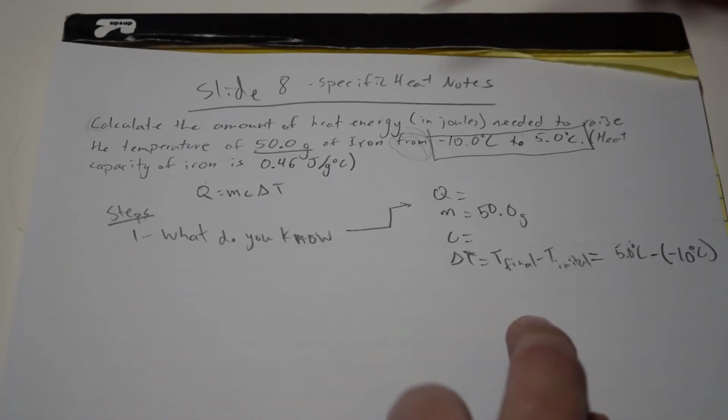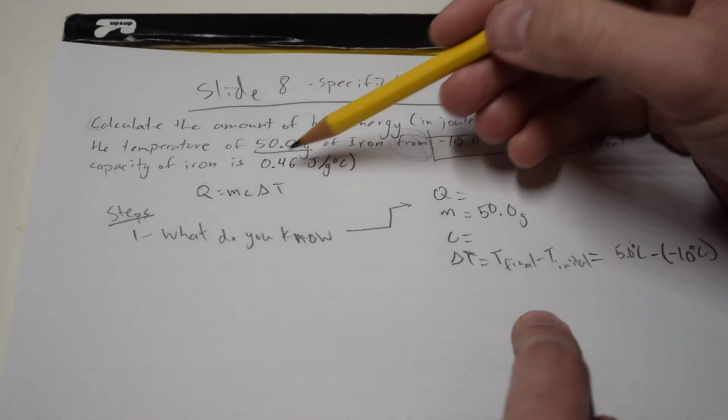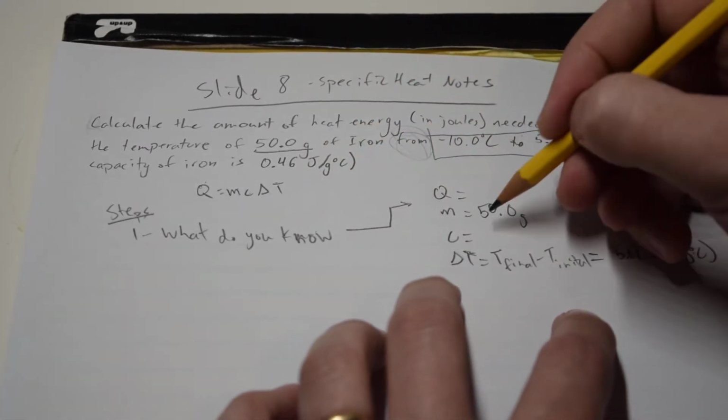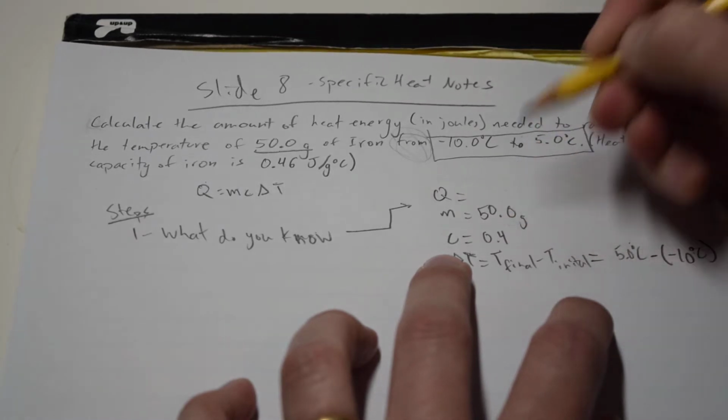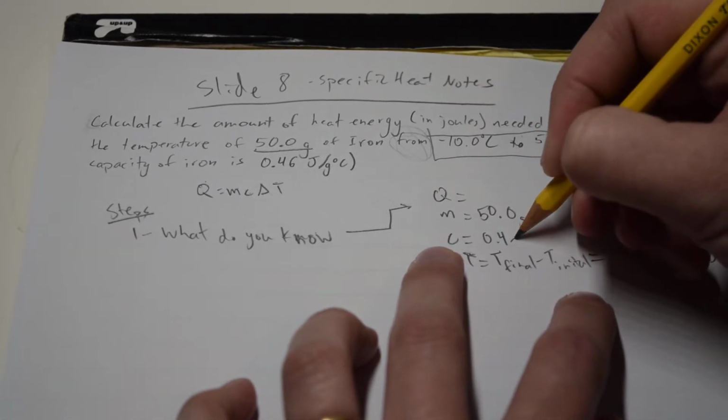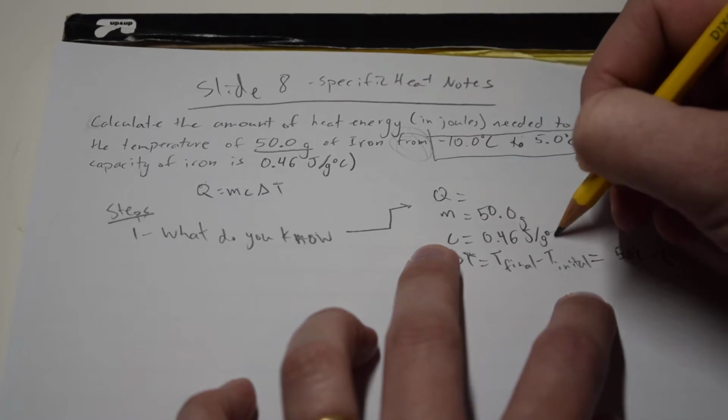And the other thing we know is that the heat capacity for iron is 0.46 joules per gram degree Celsius. So C is our heat capacity.